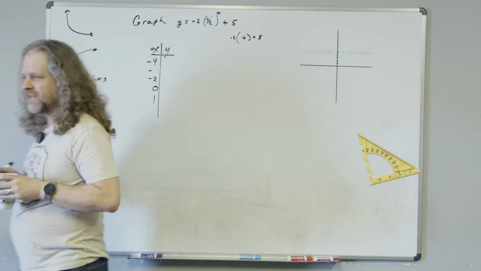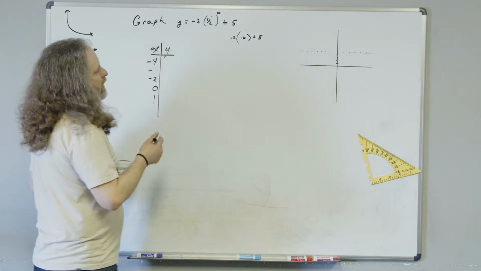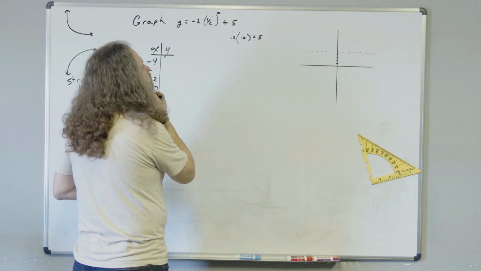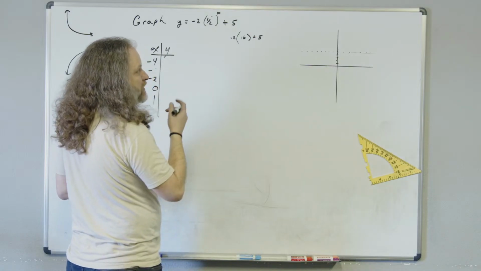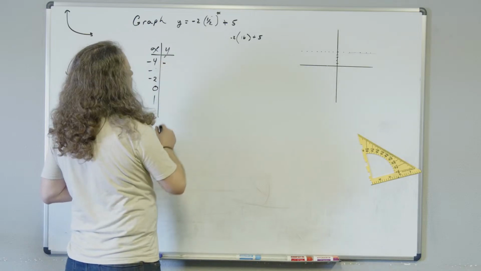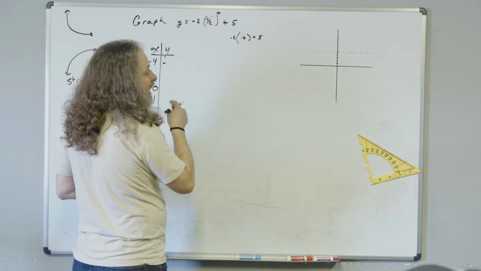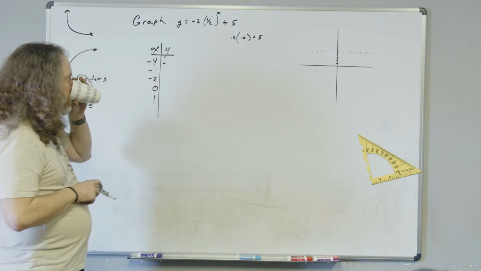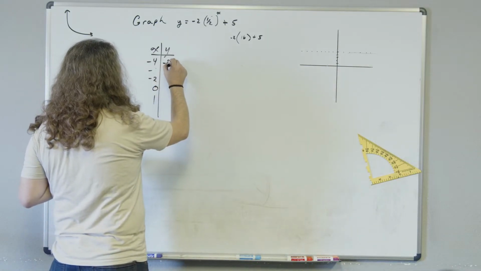Two to the 4th is 16. What's negative 2 times 16? Negative 32. Plus 5. Negative 32 plus 5. Negative 27.